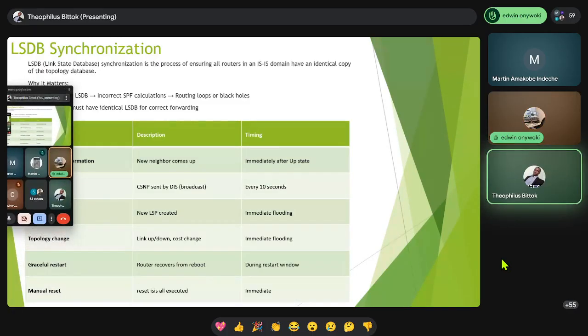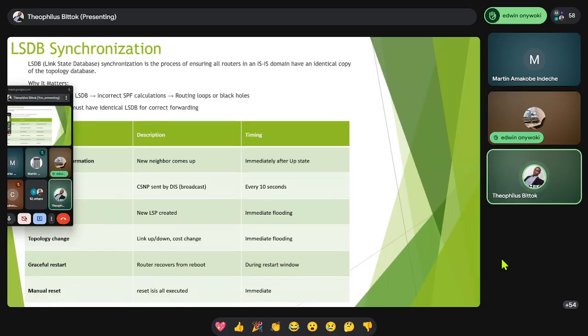Okay. So actually, I've not done so much route leaking when it comes to OSPF. I've actually been doing more on ISIS, but you'll always do the route leaking in OSPF on the ABR, that is your area border router.